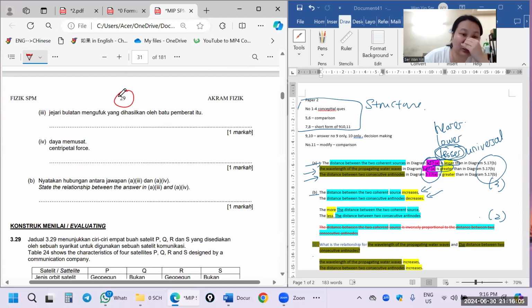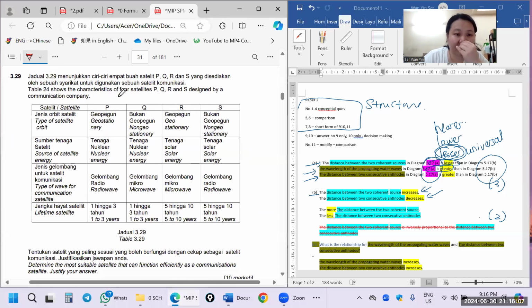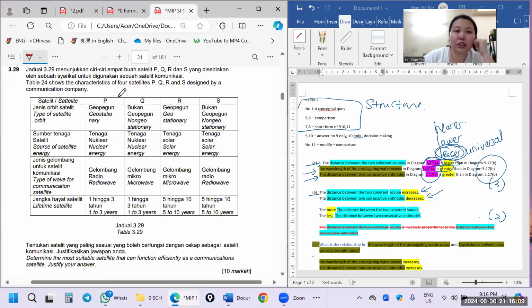It's chapter 3, satellite. I know you didn't learn satellite, I understand. Just use common sense. Here there are 4 satellites PQRS. This one, never mind, don't look. Just look at the last one.